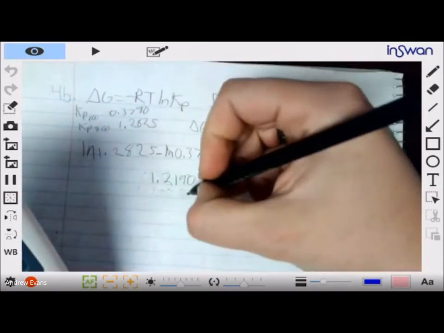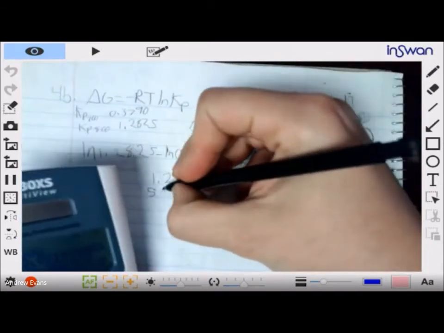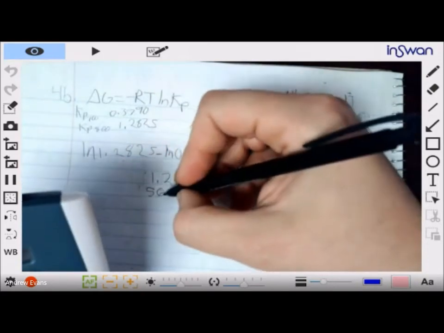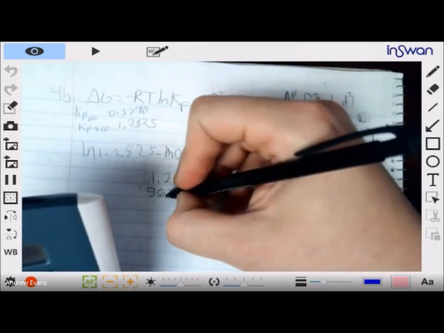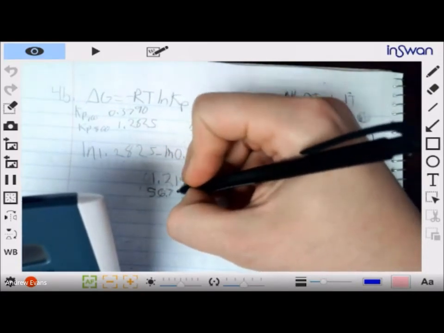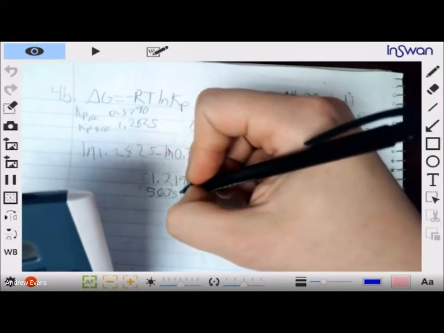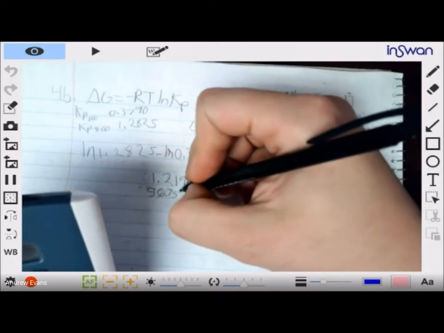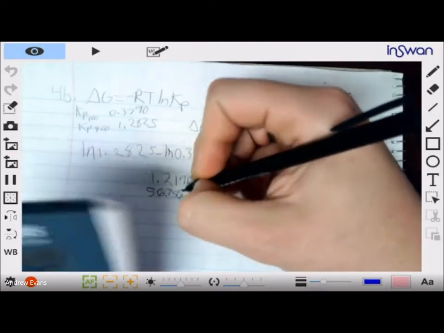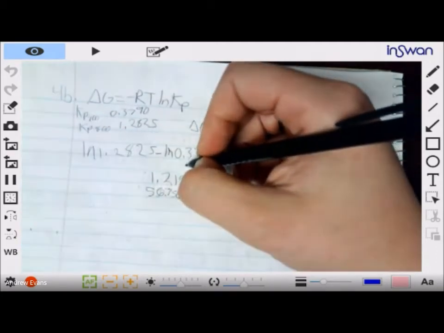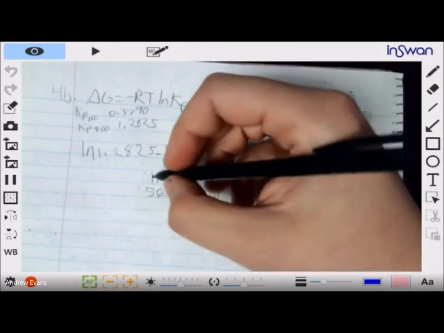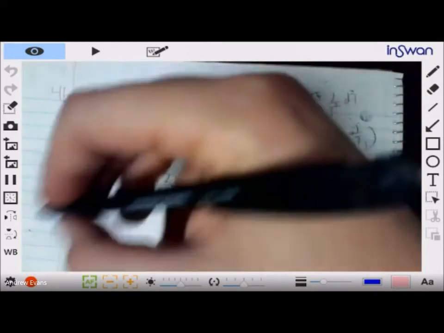You'd get something like 56.756 kilojoules for the enthalpy.